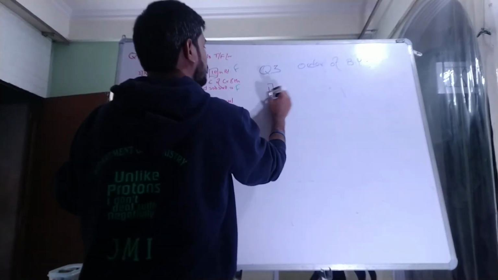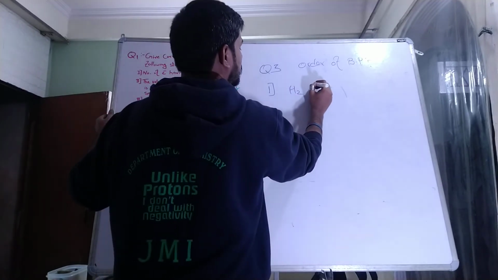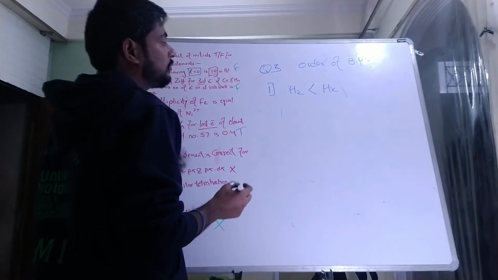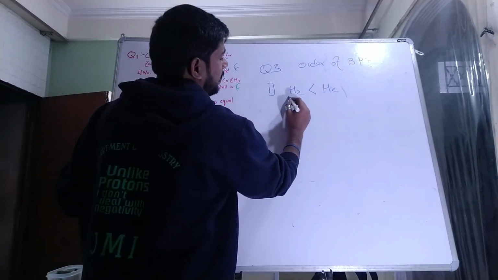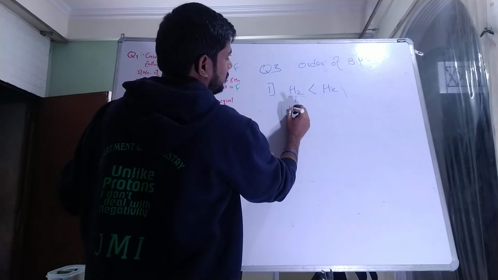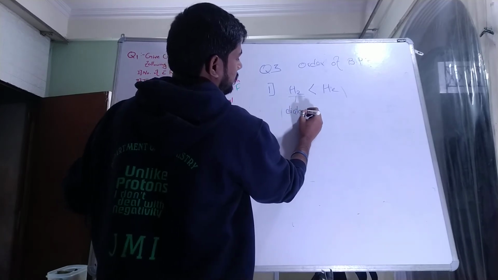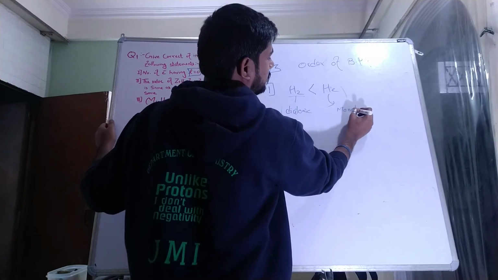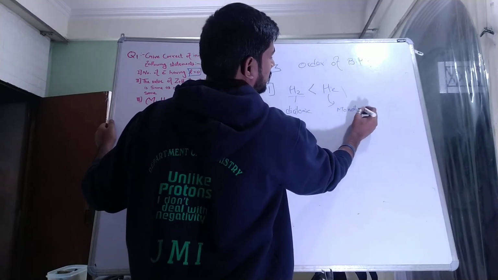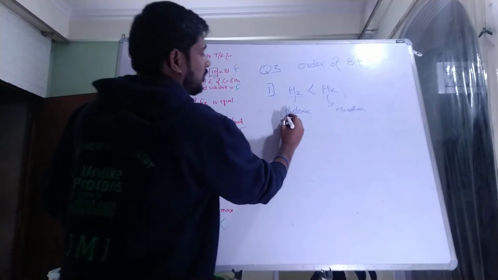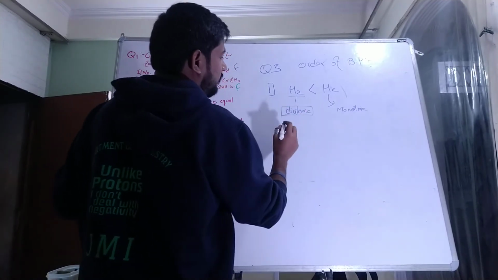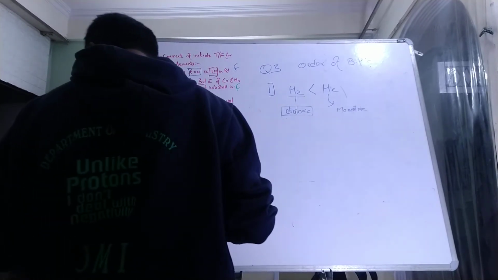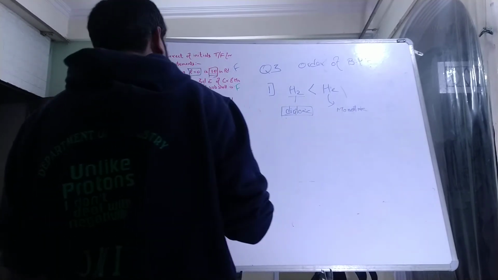The first option is given as H2 is less than He, helium. We know that hydrogen is diatomic and helium is monoatomic. So diatomic will have a higher boiling point than monoatomic, so this option will be incorrect.